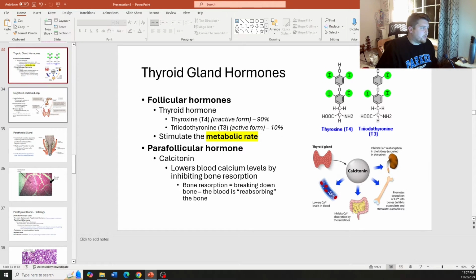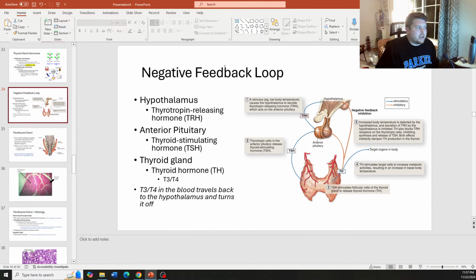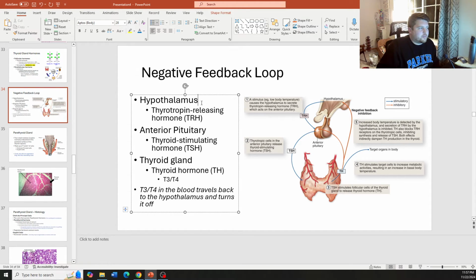And yeah, so that's our thyroid gland. We have our negative feedback loop here. So let's say we need thyroid hormone. The hypothalamus is going to release thyrotropin releasing hormone, and that goes down to the anterior pituitary. The anterior pituitary then releases thyroid stimulating hormone, which travels through the blood and gets to the thyroid itself.